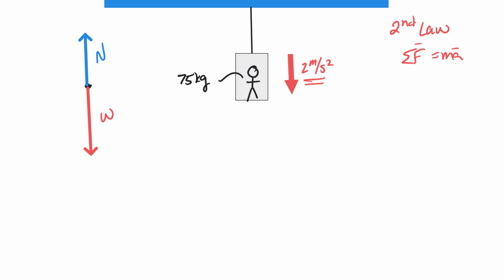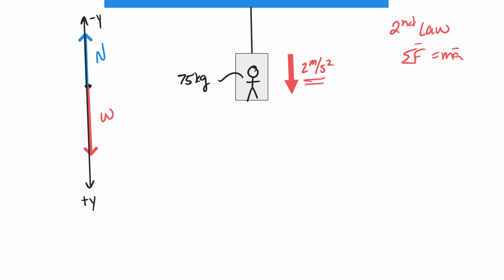So I need a coordinate system. My priority is to draw a coordinate system that is aligned with the direction of the acceleration. What direction is the acceleration? Downwards. So I'm going to draw a coordinate system where positive y is downwards, and that means upwards is negative y.